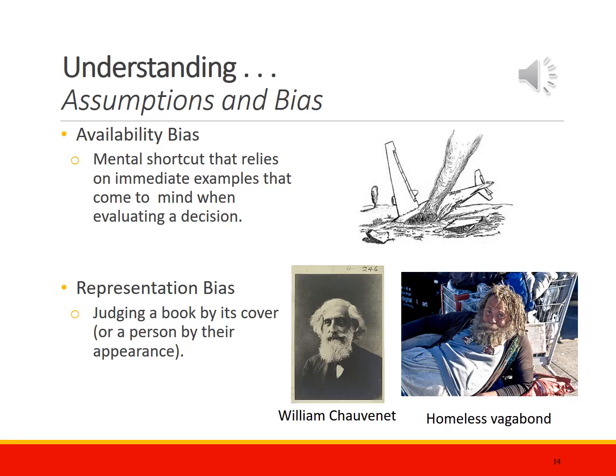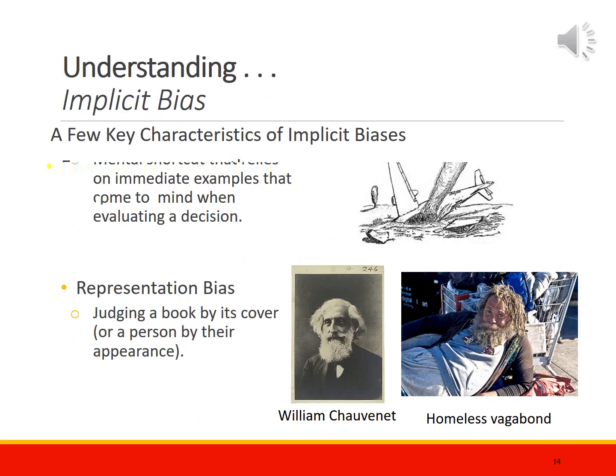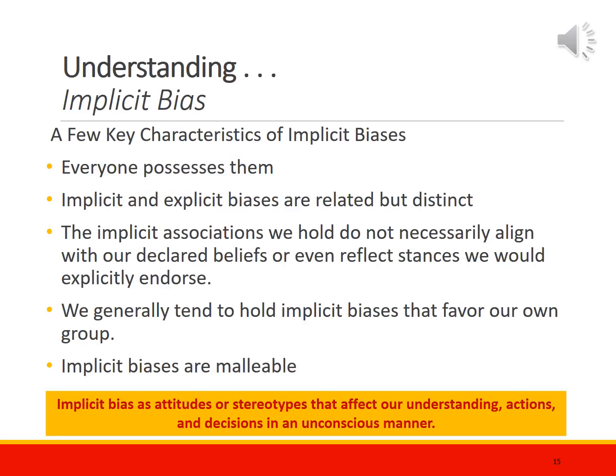Recall our comparison between William Chevreul, who in this portrait looks a little bit like a homeless vagabond, but in fact has the Hall of Mathematics of the U.S. Naval Academy named after him, as well as a crater on the moon, apart from the other guy that actually is a homeless vagabond. So let's define implicit bias. And the Kirwan Institute at The Ohio State University is going to help us do this.